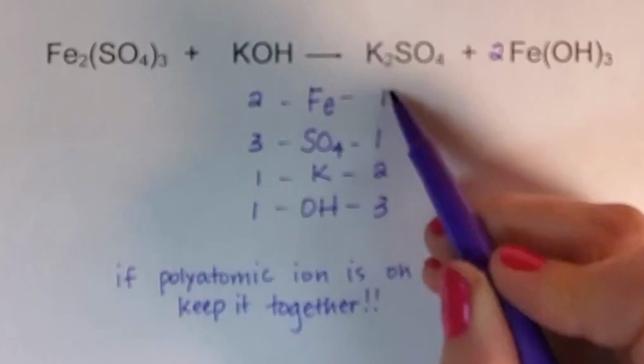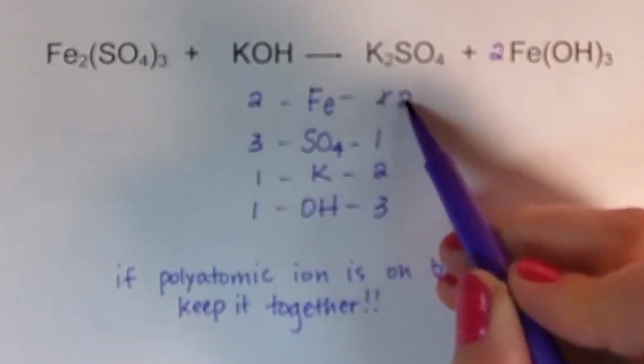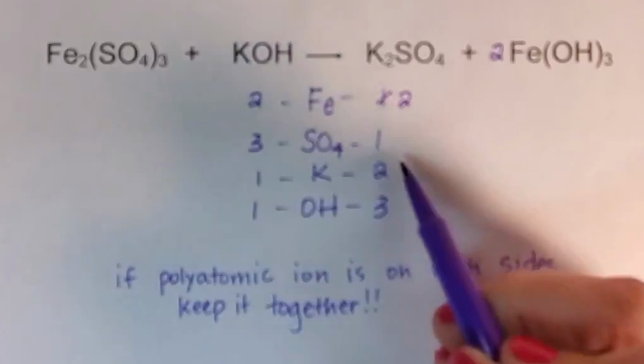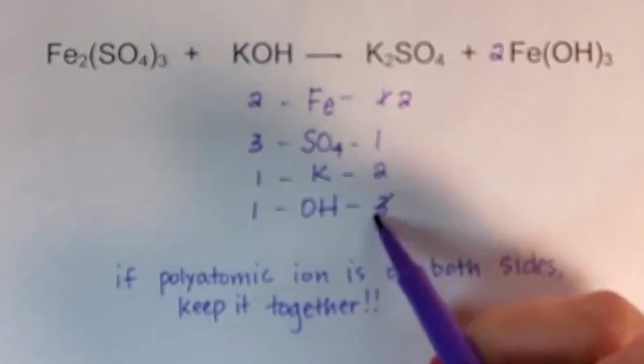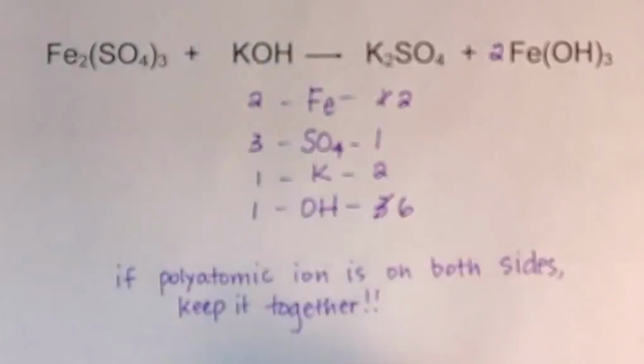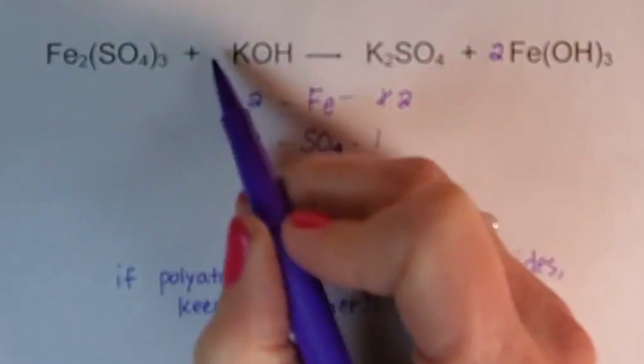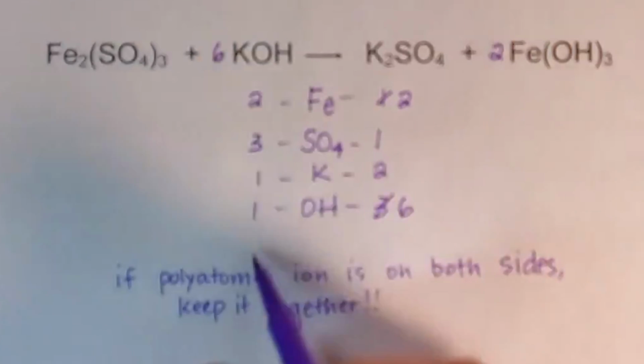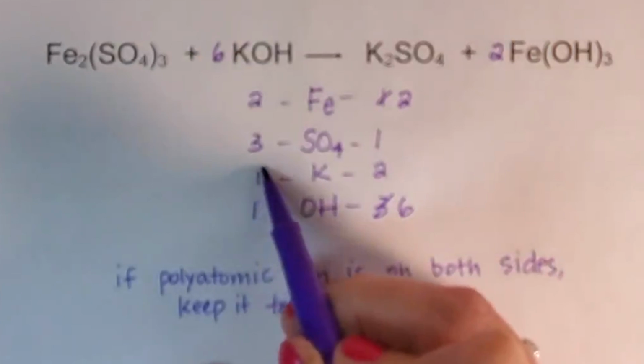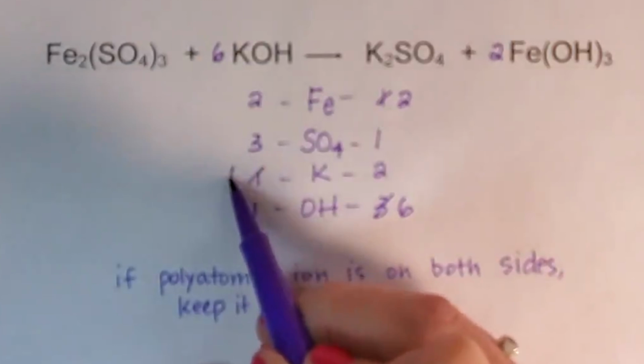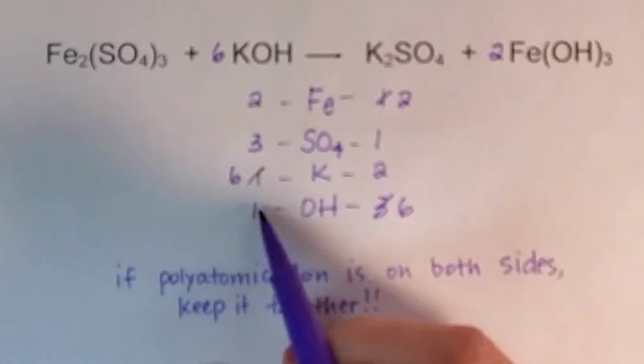we can start anywhere. I can start by putting a 2 before the FeOH3, which changes the iron to 2 and the hydroxide to 6. I then need to change the hydroxide to 6, so I put a 6 before the potassium hydroxide. Adding that coefficient of 6 changes the potassium to 6 and the hydroxide to 6.